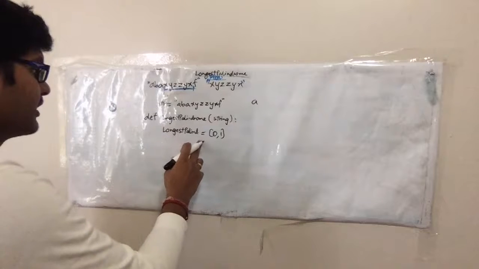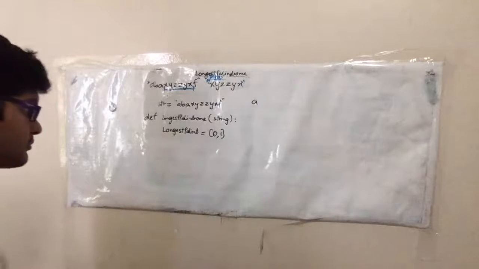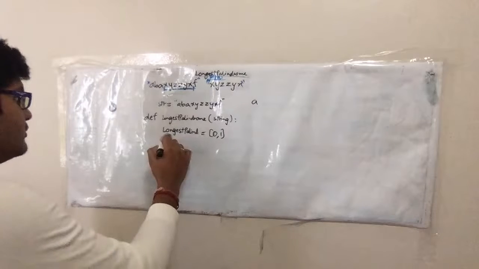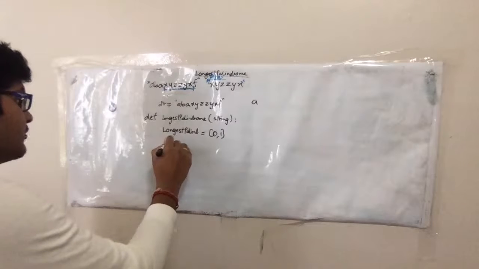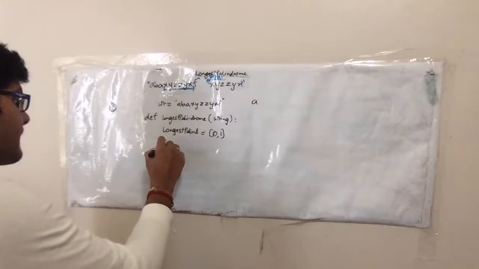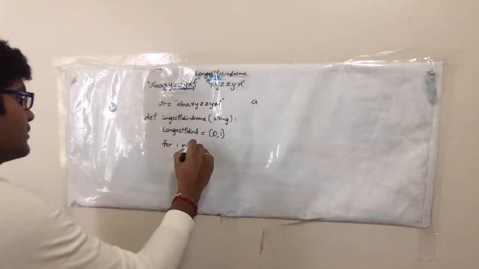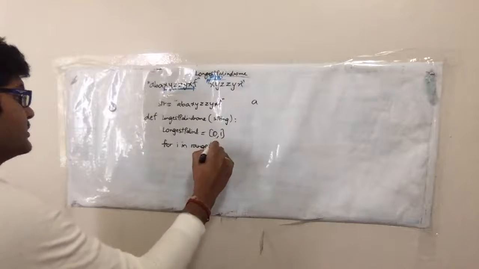We initiated the longest palindrome as 0, 1, and now we can iterate through the string and check for i in range.